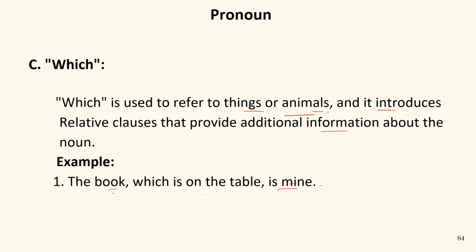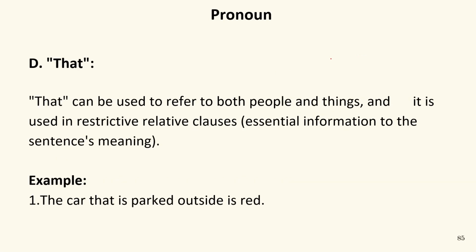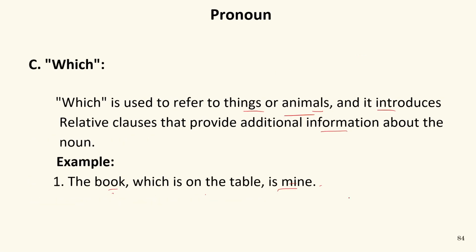For example, the lion which was eating his food, or which was having his food. So to relate animals, we can use which. Which is also used in case of choice with living beings. In case of living things, if we are talking about choice, we can use which.